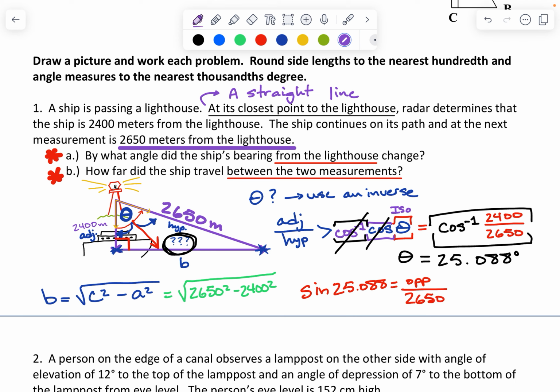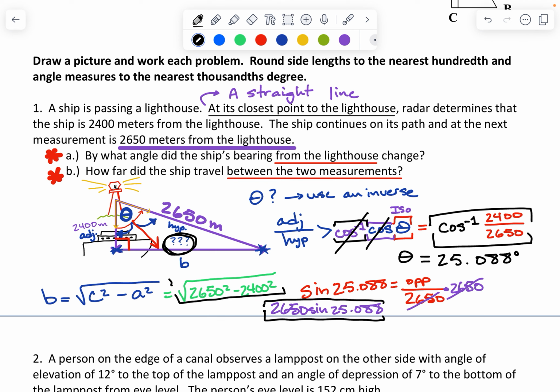And when you rearrange that, multiply both sides by 2650, you would get 2650 times the sine of 25.088. So that's one option there. 2 ways so far that you could do the same thing.